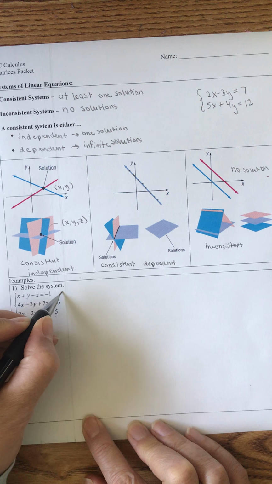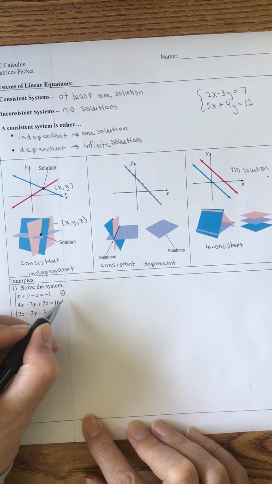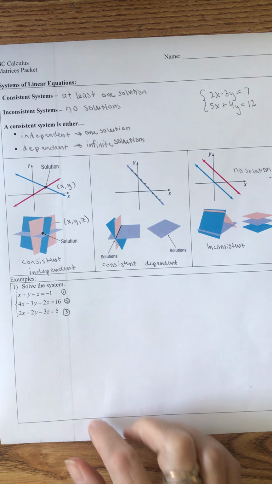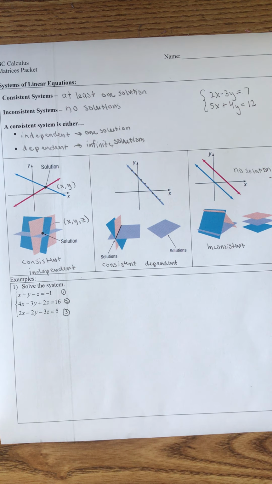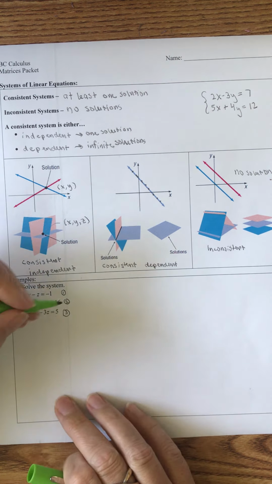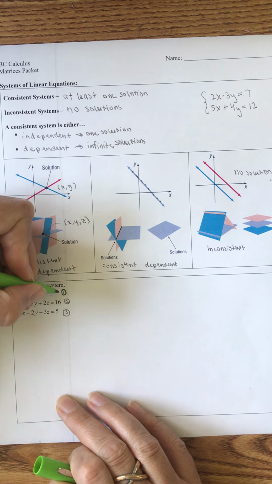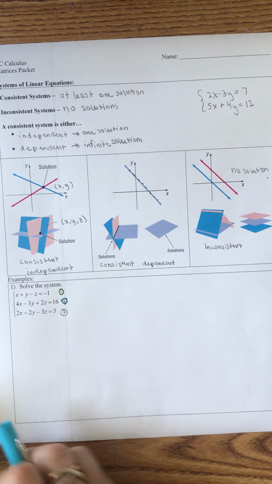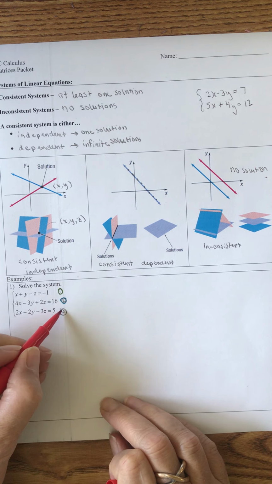So one thing I like to do is label the equations so that I can keep track of everything. Get some colors going here. I think that might help. So we're going to refer to this one as green, this one as blue, and the last one is red.